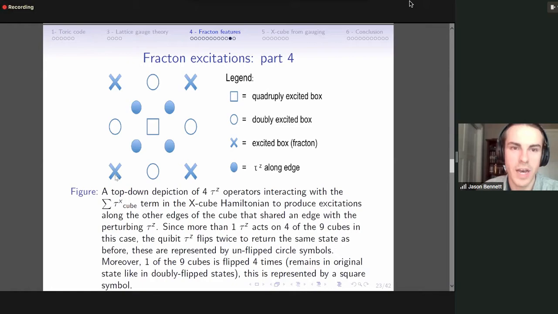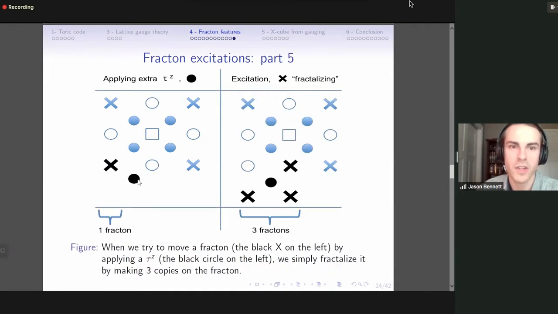However, if I were to purposely try to move just this one, instead of doing things symmetrically by 1, 2, 4, what if I were to just try to move this fracton? What happens? Well, I'm going to apply a tau z to maybe this one or that one or that one. But what ends up happening is I can't move this fracton without making more of them. So sure, you moved this fracton here, but you also created 2 more.